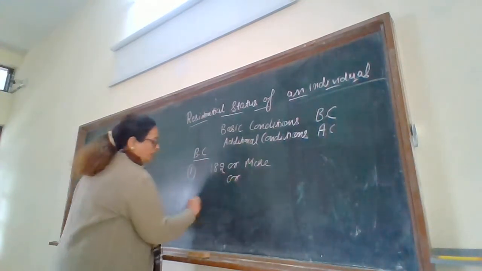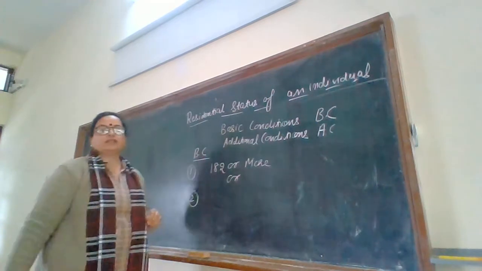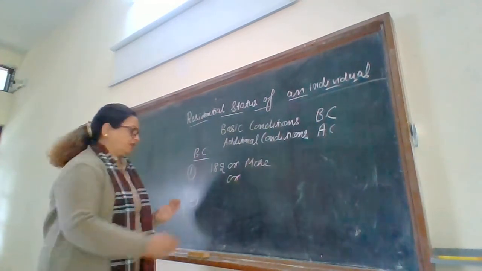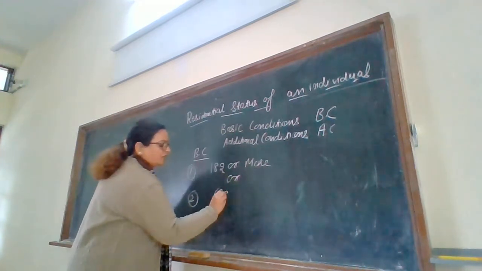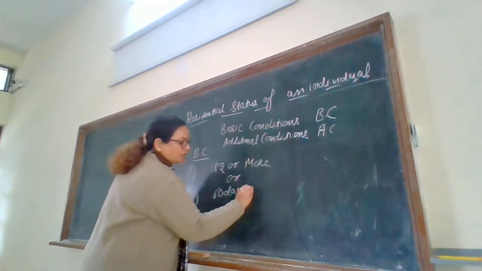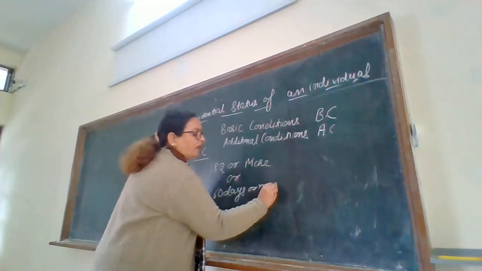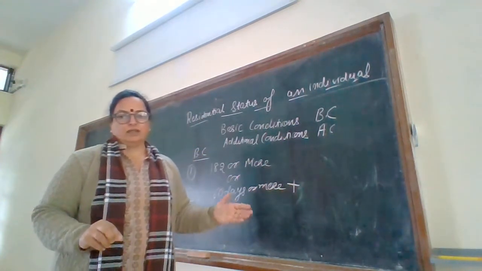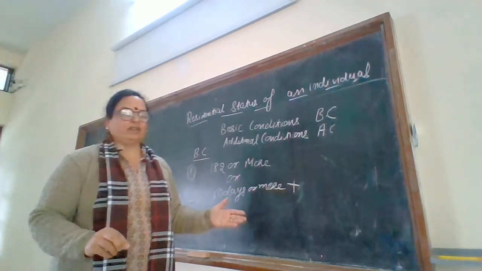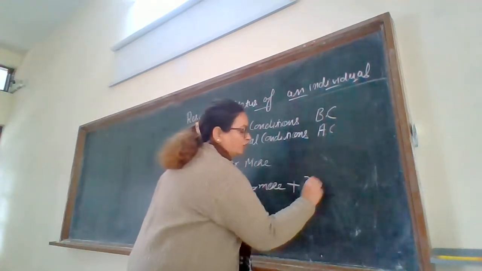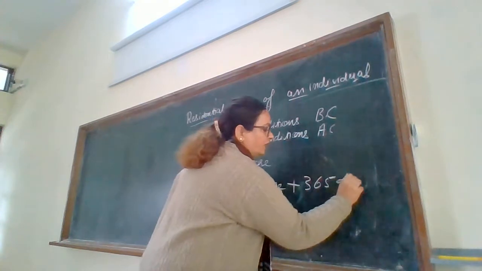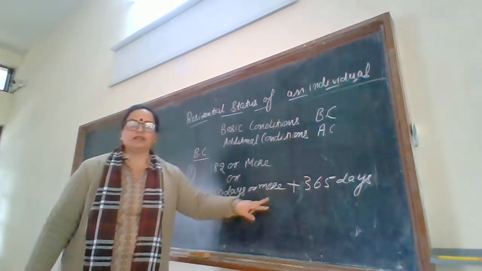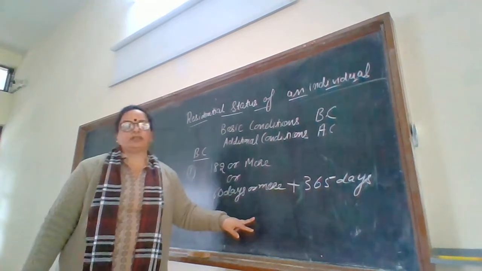Or the second basic condition is that in the relevant previous year, the person should reside in India for at least 60 days, plus in the 4 years preceding the relevant previous year, in all, he should reside for at least 365 days in India. Both these things constitute the second basic condition.